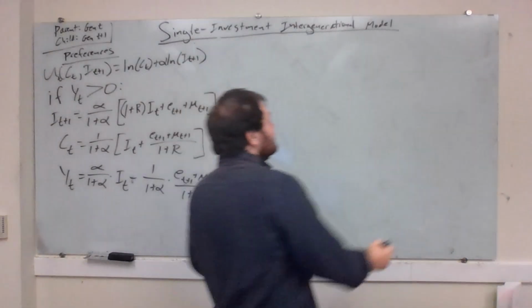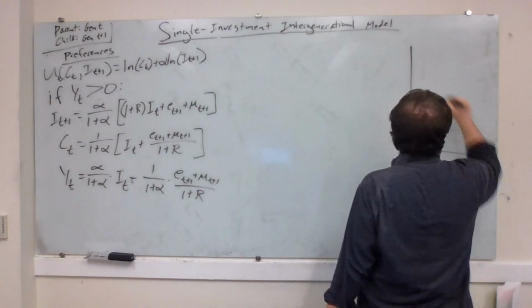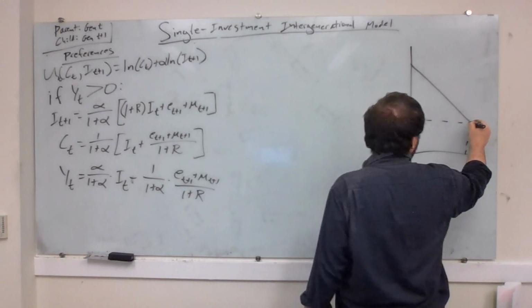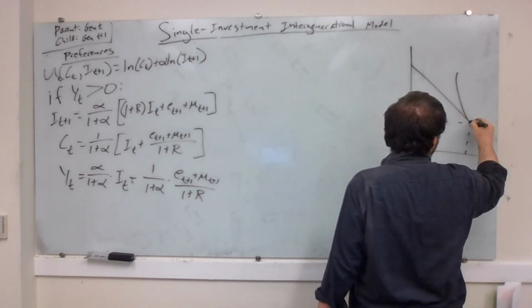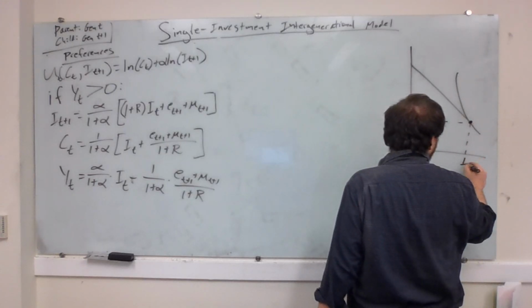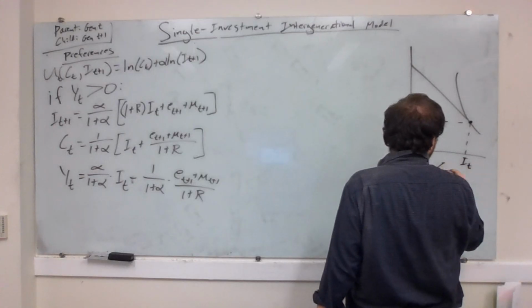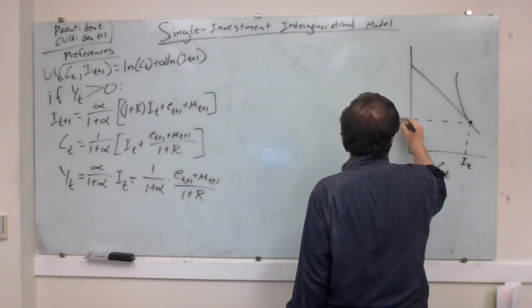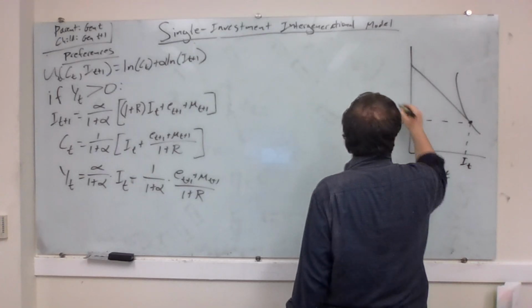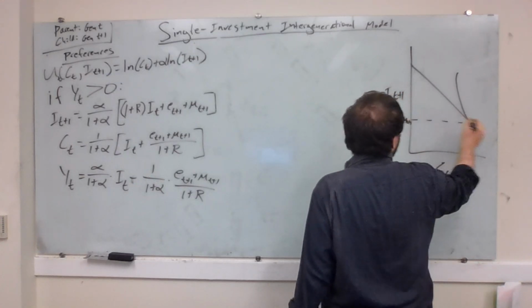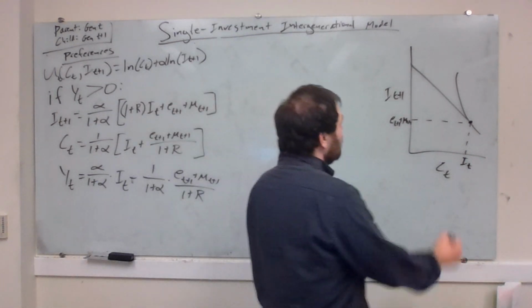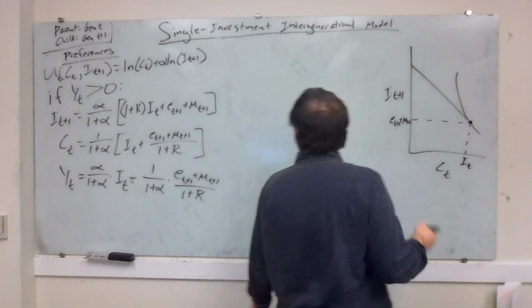The last finishing touch on this is to talk about what will happen when yt is not greater than 0, which is to say what's going to happen to make our optimal choice to have our consumption today just be equal to it and our child's future income just be their luck. Essentially what needs to happen here is that our marginal rate of substitution be greater than 1 plus r at this point.